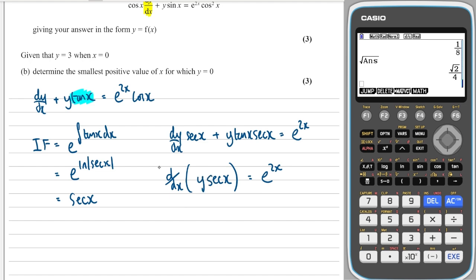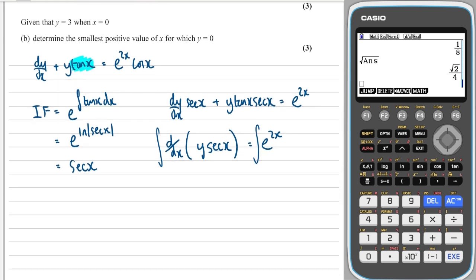Okay, next step is to integrate both sides. Integrating and differentiating are inverse operations, so they will cancel, and we'll just get y sec x, and the integral of e to the 2x is 1/2 e to the 2x, and we have to remember plus c.